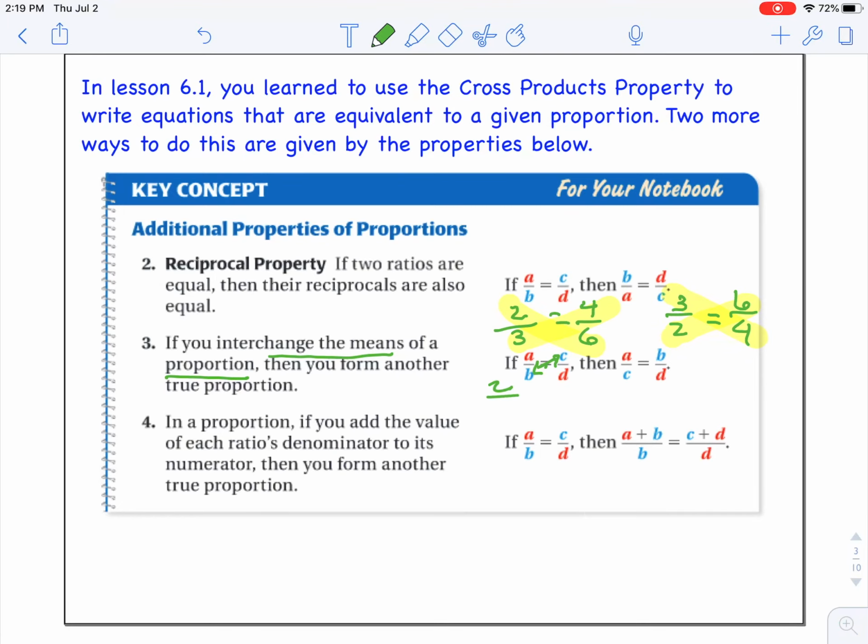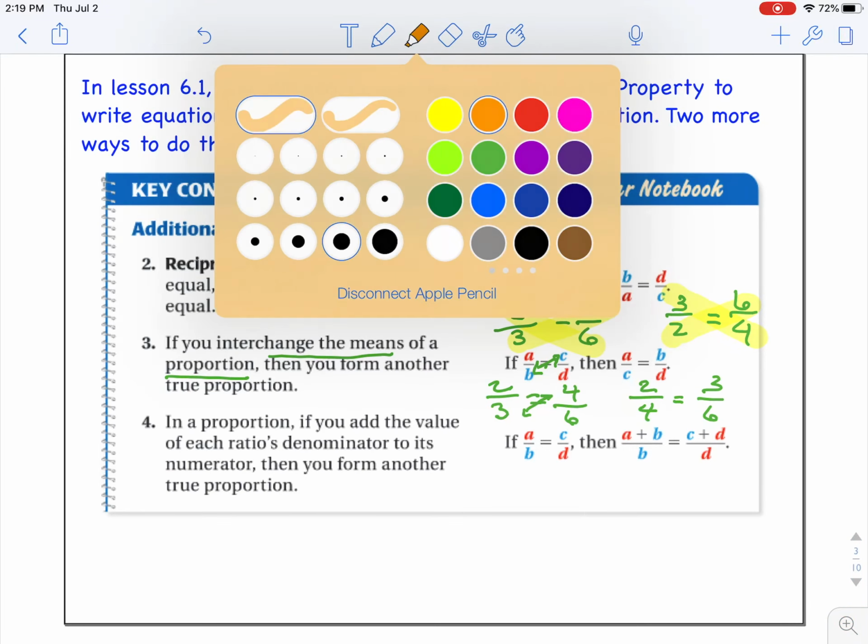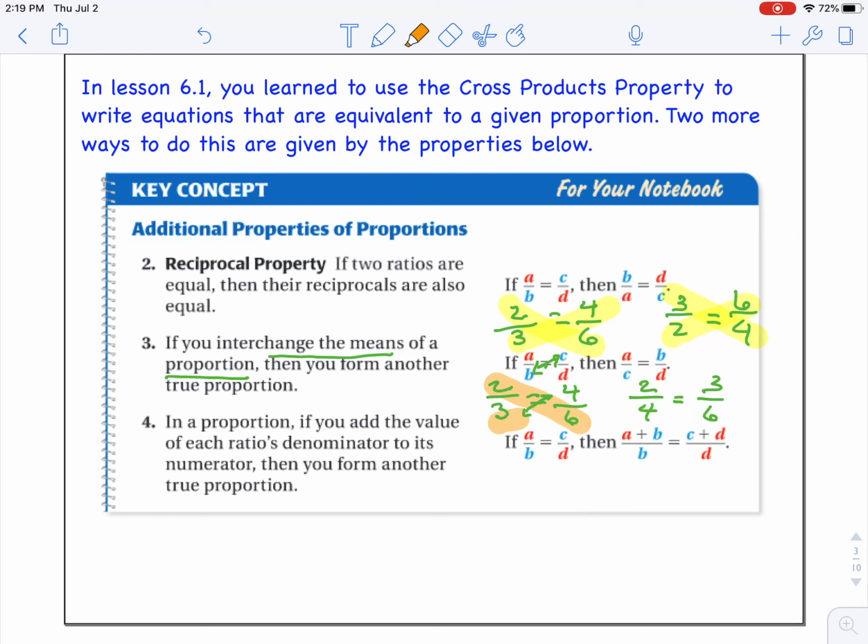If we start with the original proportion, 2/3 equals 4/6, that's our A over B equals C over D. Now if we change these two around, we have 2/4 equals 3/6. Again, the cross products are 12 and 12, and over here you also get 12 and 12. So the cross products are still equal.